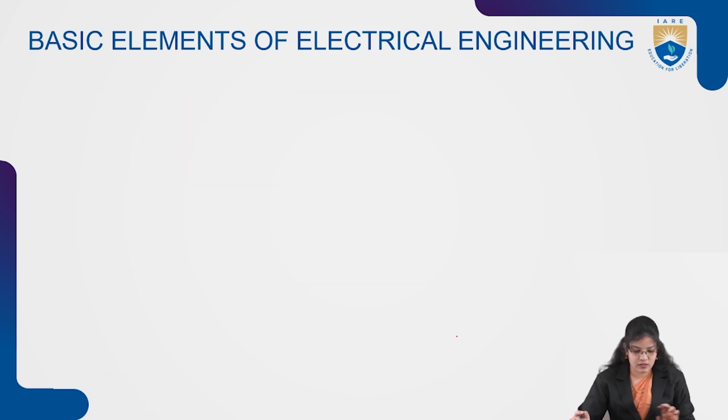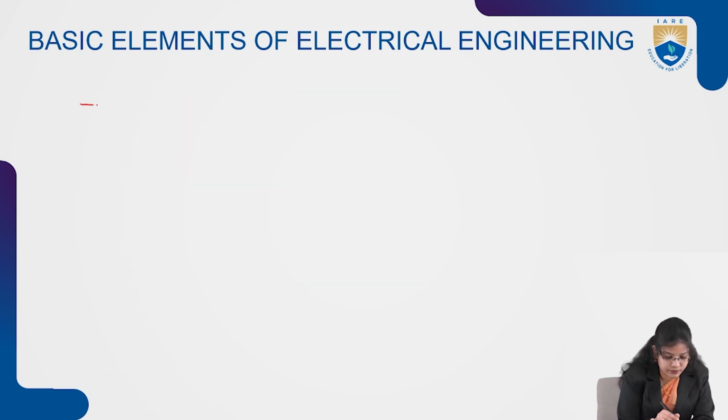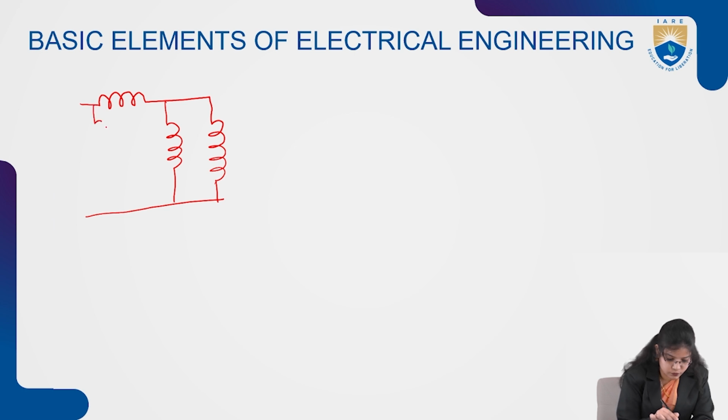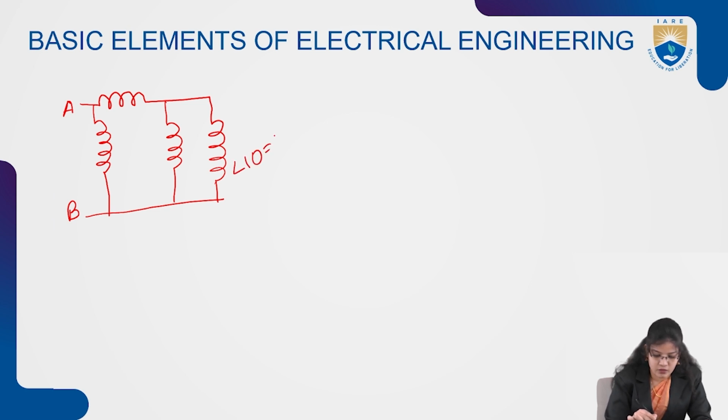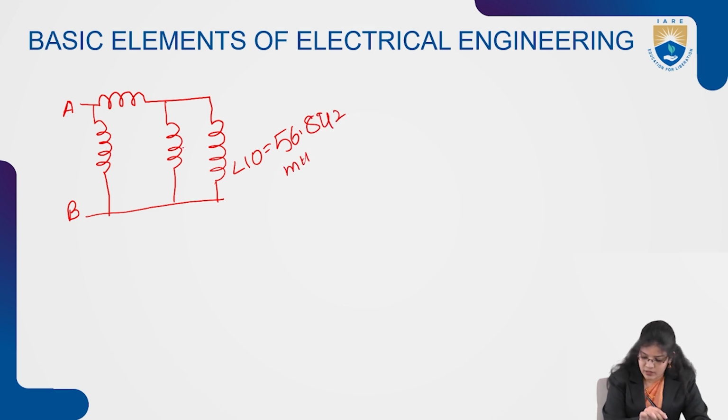This will be redrawn as, so here I'll be drawing the circuit. This is A, B. The value which we got is L10, which will be 56.842 millihenry, and the value of this inductance will be 30 millihenry.